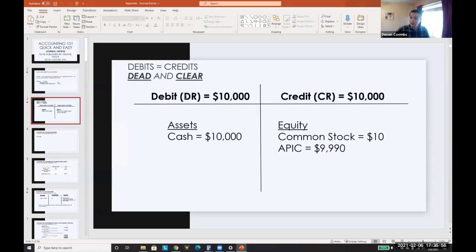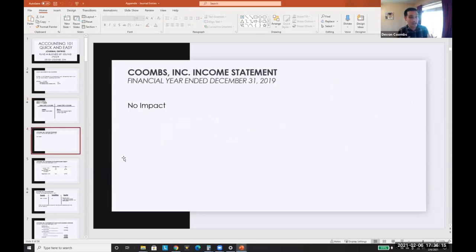Then we go through, okay, do debits equal credits? Yes, debits equal credits. Why? Because assets are a debit normal balance, so assets increase through a debit. Cash is an asset, cash goes up 10,000, debits go up 10,000, then credits go up 10,000. Now let's make our financial statements. From our last class, we know the order of financial statements.